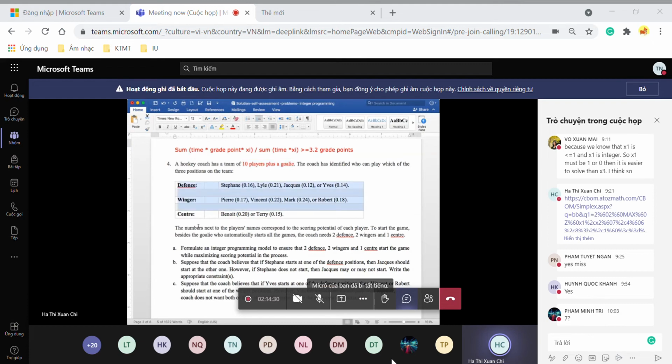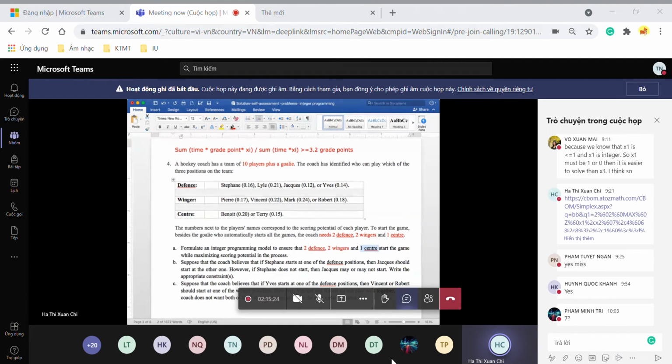Here we have 3 positions: two defense, two wingers, and one center.